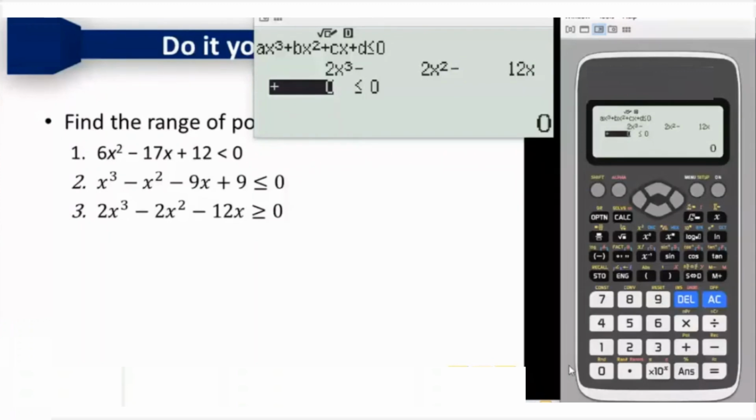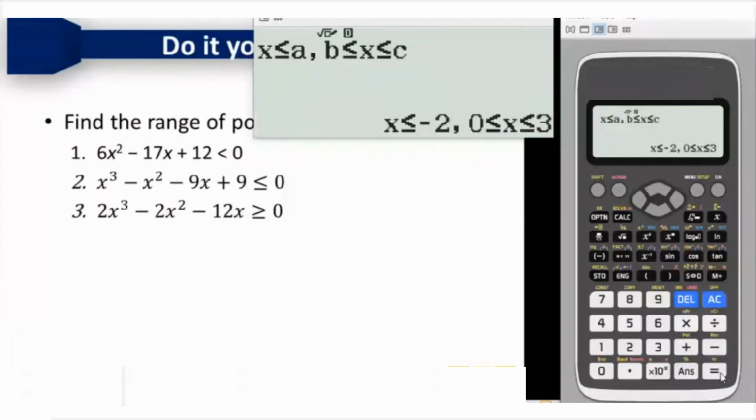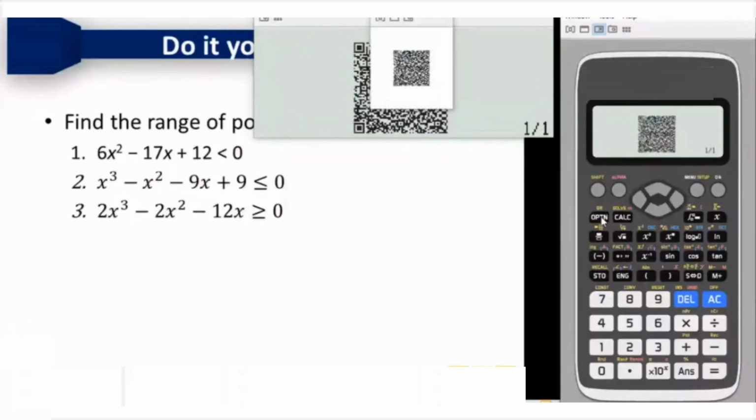I mentioned that in my previous episodes also when I was talking about normal equations. So write 0 is equals to, and when you press equals to, the inequality is x is less or equal to minus 2 and x lies between 0 and 3. Once again, if you want to visualize it, you will press shift and option, you will scan this QR code and you are good to go, and you can see and visualize your graph.